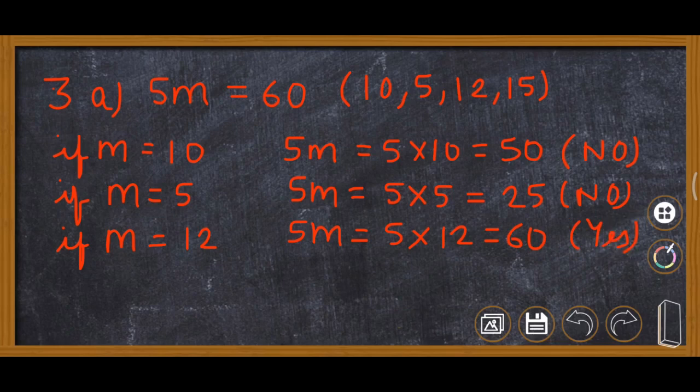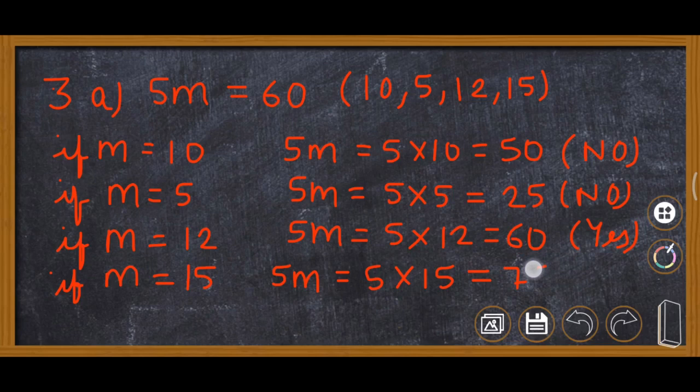So here we will write yes, and the last one is m is equal to 15. When m is equal to 15, then 5m is 5 multiply 15, so it is 15 5s are 75, and this is also no.